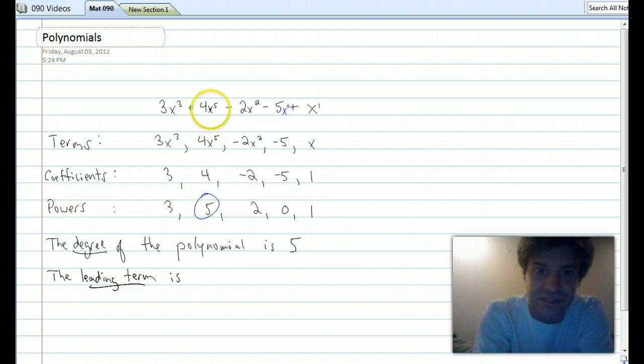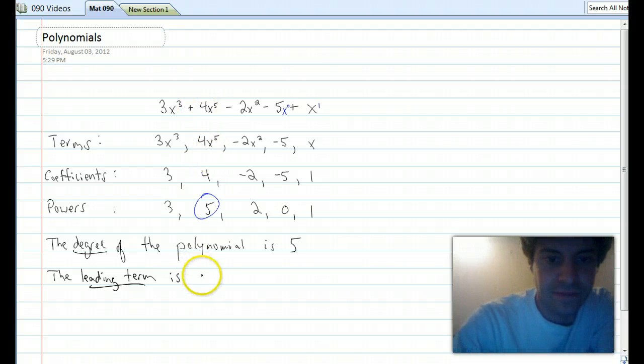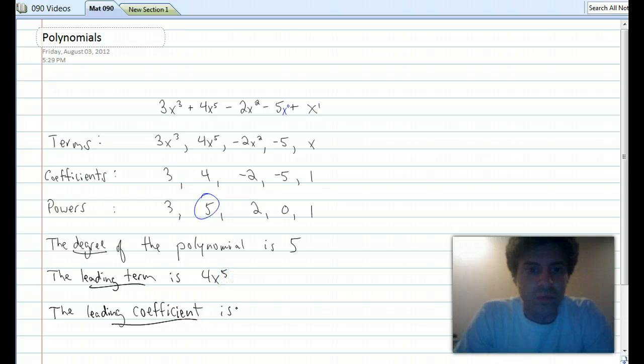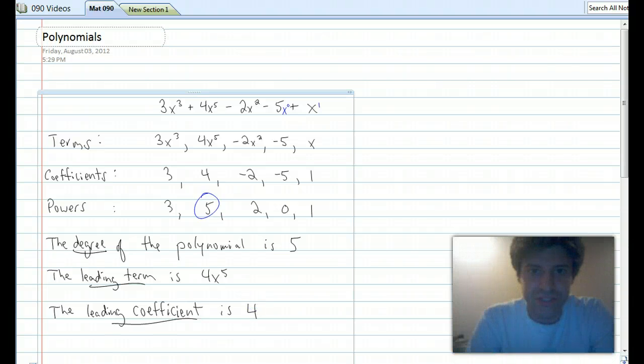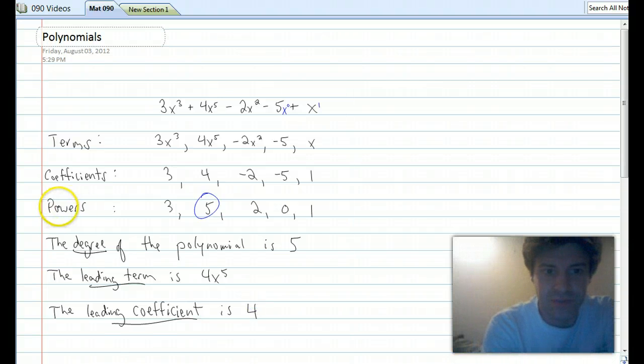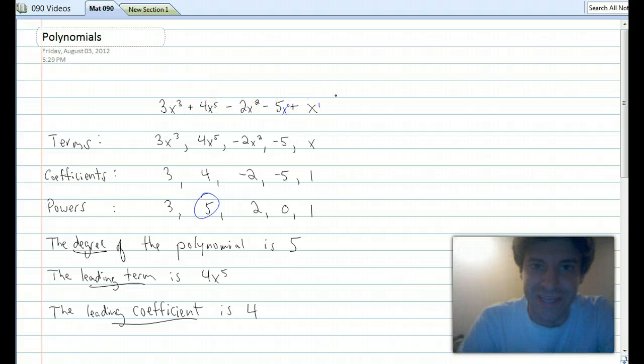So the leading term in this case is 4x to the fifth. And one more vocabulary word here, the leading coefficient is the coefficient on the leading term, which would just be 4, of course. And I should say that in this example I used the word powers to describe obviously these powers on x. Those can also be called exponents, as we learned in previous videos.